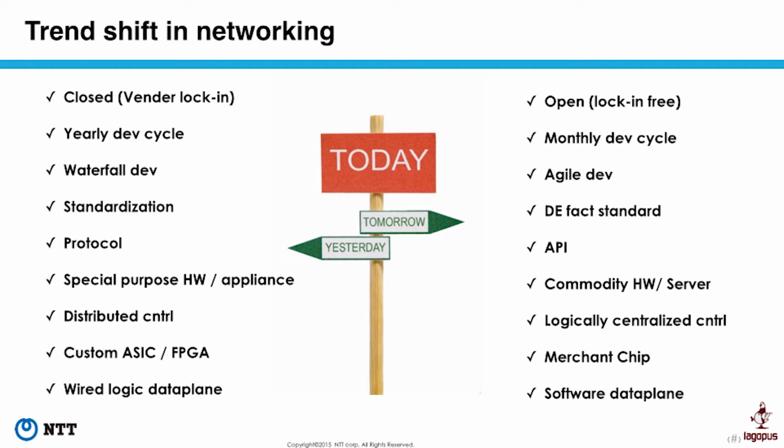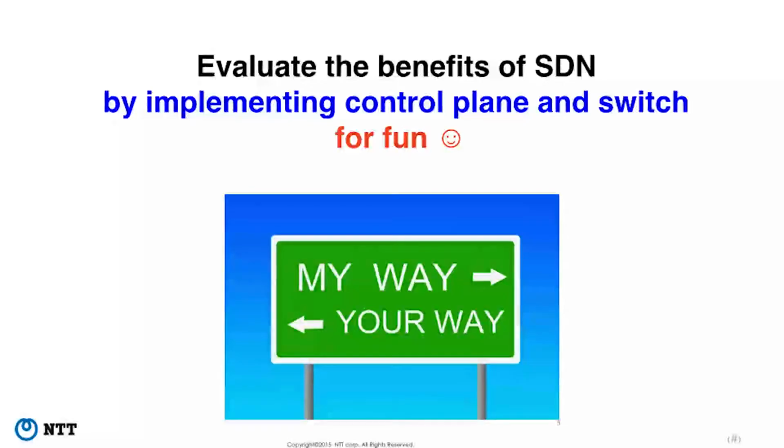So now, we prefer open source and general purpose servers and CPUs. Also, we have a lot of tools to enable flexible networking. And that's why we develop our control plane and switch system using SDN technology and DPDK.